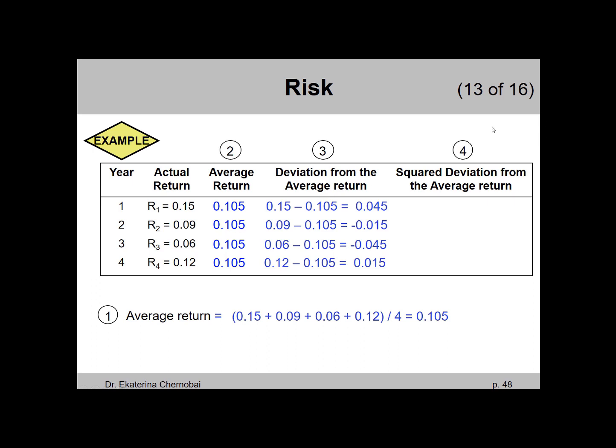Then the next step 4, is we square them. So we take these 4 numbers and we take the second power. That gets rid of any negative signs we had for some of them. Everything is now positive. These 4 positive numbers. What's the next thing we do?